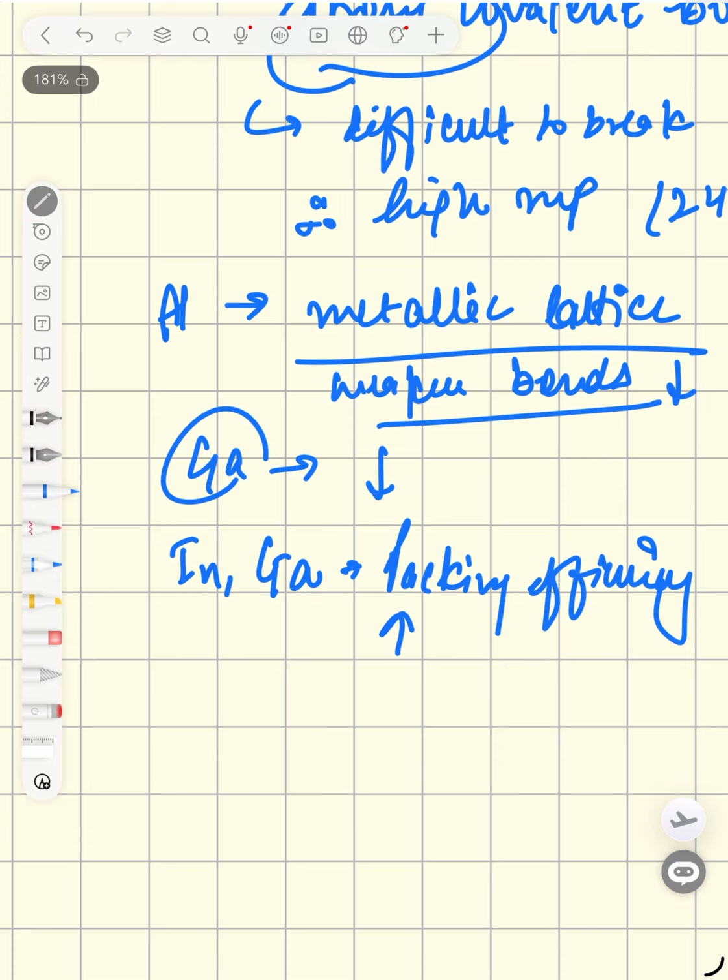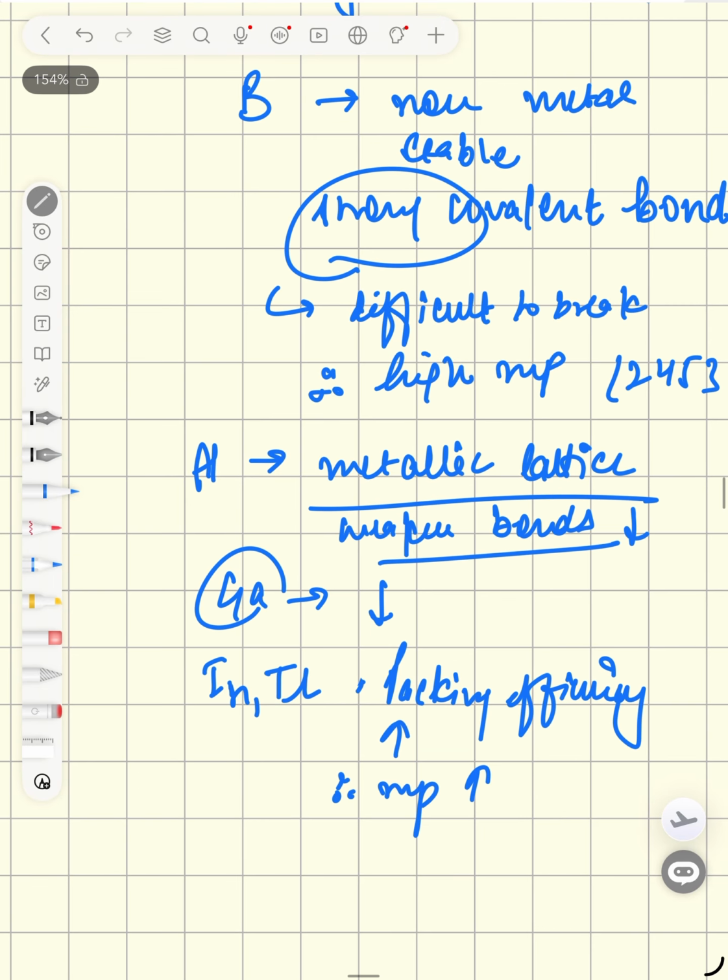For indium and thallium, the packing efficiency increases. Therefore, their melting point also increases. The important irregularity is from boron to aluminium to gallium. And then indium and thallium have comparatively higher melting point.